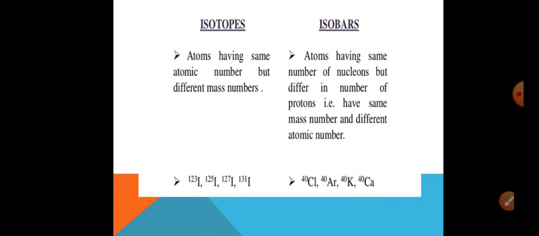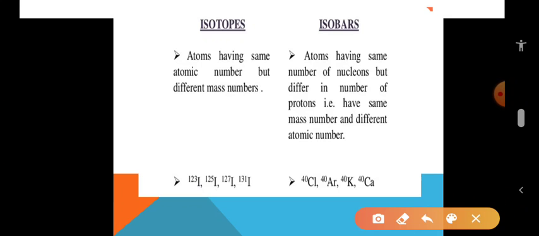Isobars are atoms having the same number of nucleons. What are nucleons? Nucleons is nothing but the mass number, protons plus neutrons. Same number of nucleons but differing in number of protons, or we can say same mass number but different atomic number. So this is the difference between isotopes and isobars.